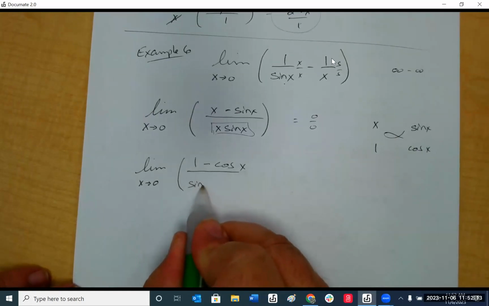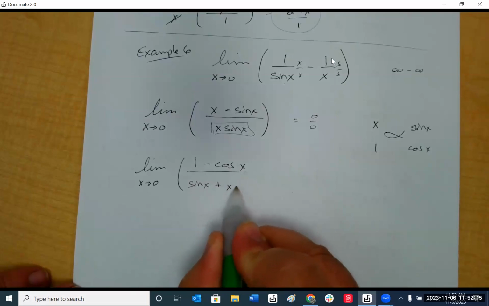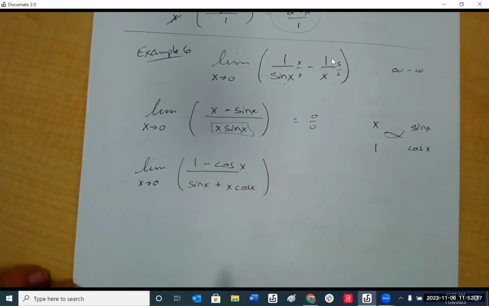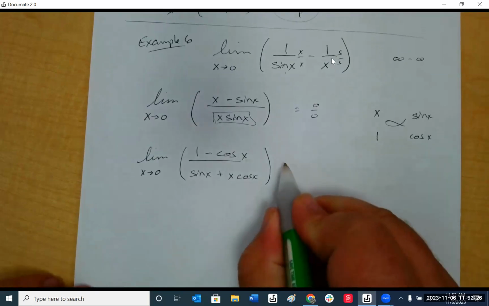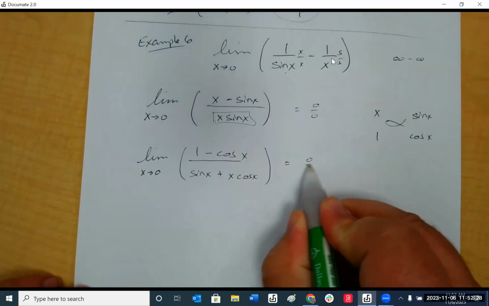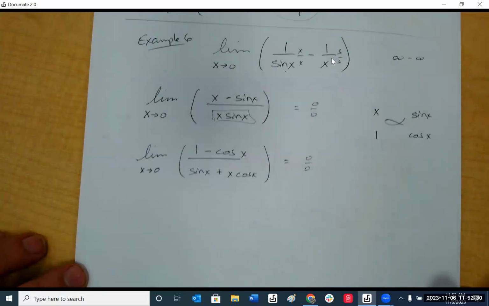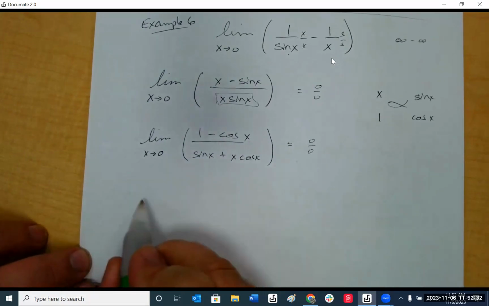So it's sine x plus x cosine x. And that's still going to give us 0 over 0. So we do it again.